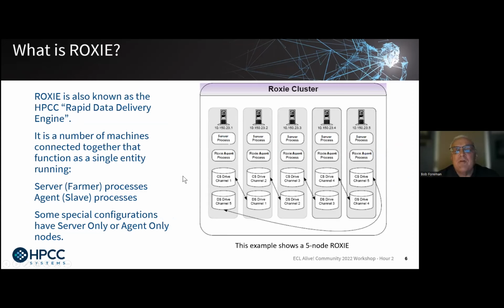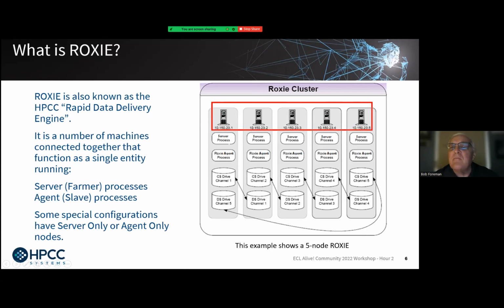And before I turn this over to Yugo to show you the process, let's talk about what ROXIE is. ROXIE is an acronym that stands for Rapid Online XML Interface Engine. And unlike Thor, ROXIE is, well, we like to call it concurrent, so that multiple nodes can be ready and working for queries that can be received from the outside world.